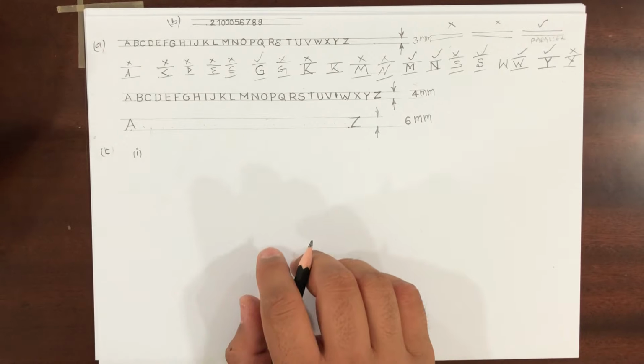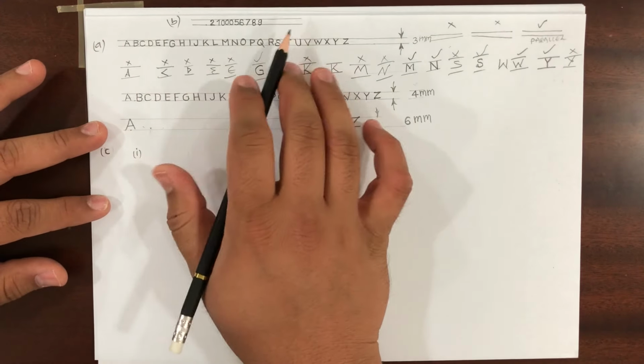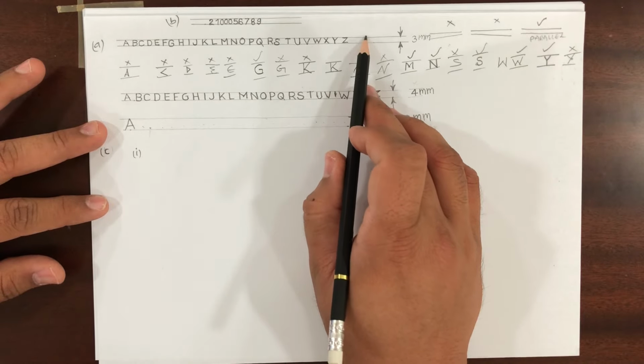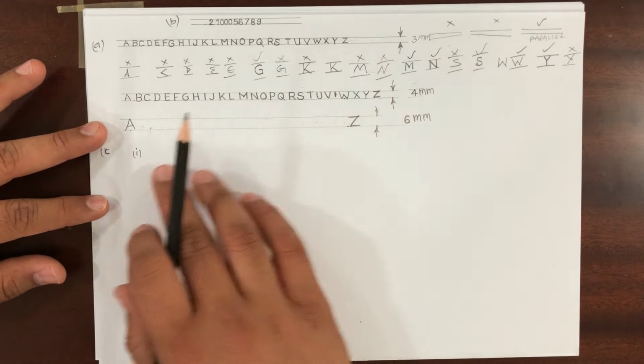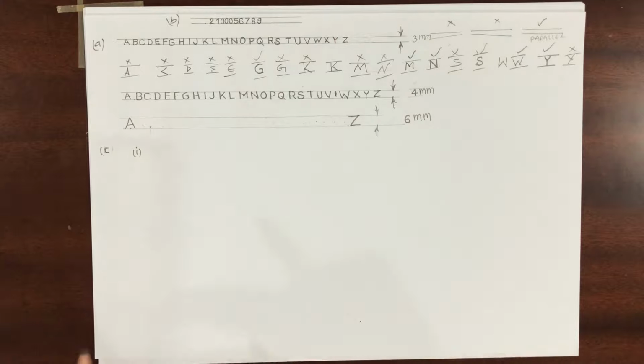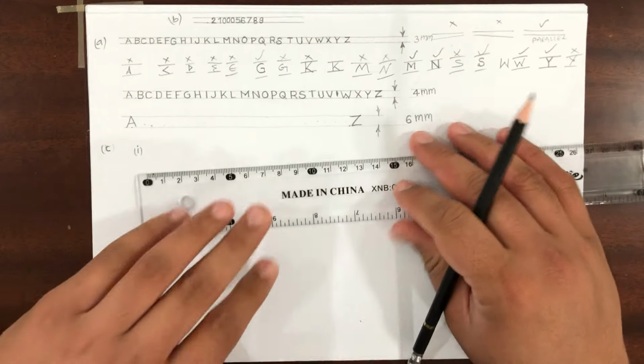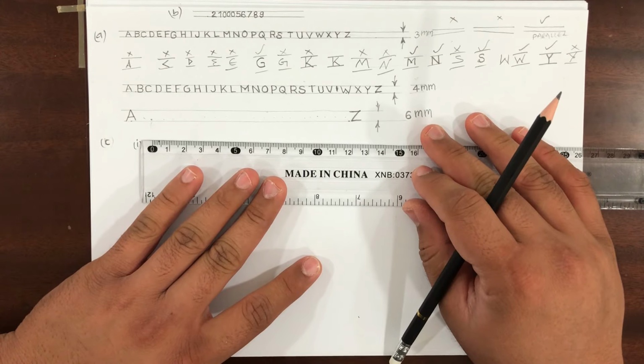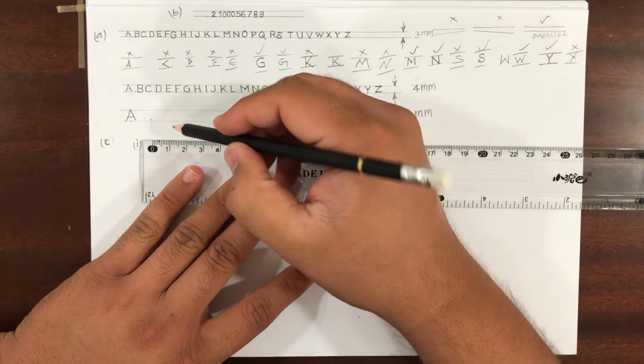3 mm means, always remember, you have to draw two lines which are 3 millimeters apart, same like this one. Okay, so these two lines are 3 mm apart. So what you have to do here, again you have to draw two lines which are 3 millimeters apart.